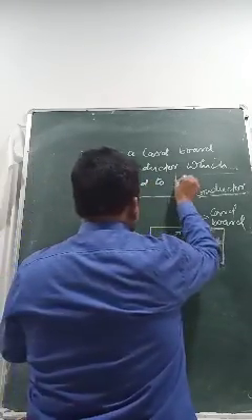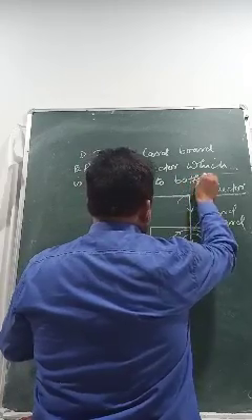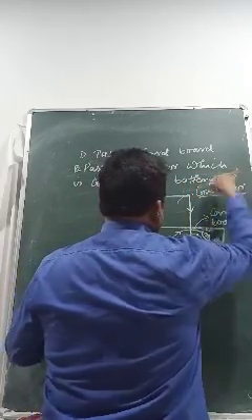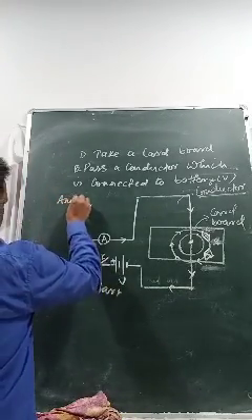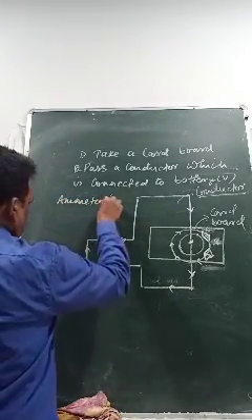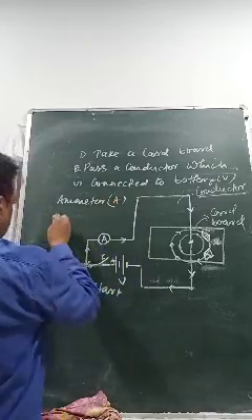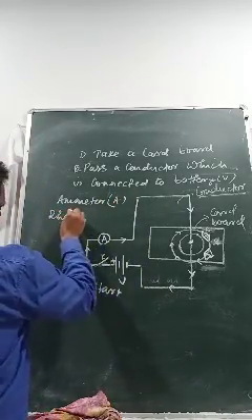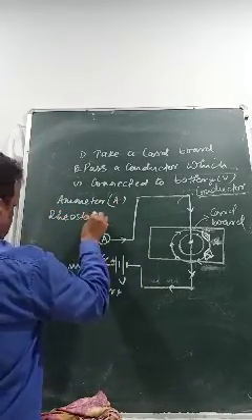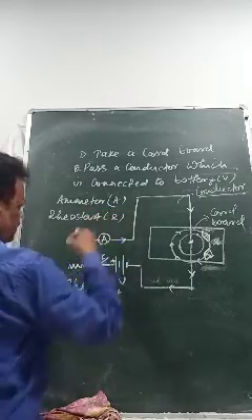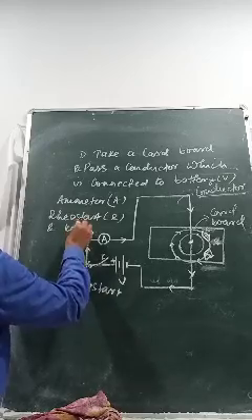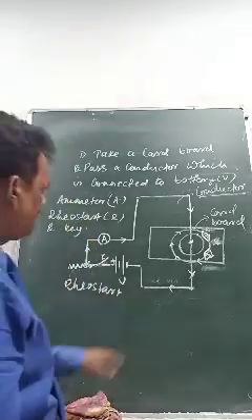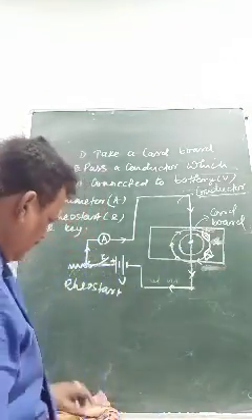Battery. That is potential V. Ammeter, that is a rheostat, that is resistance, and a key. Okay, this is the connection I made.